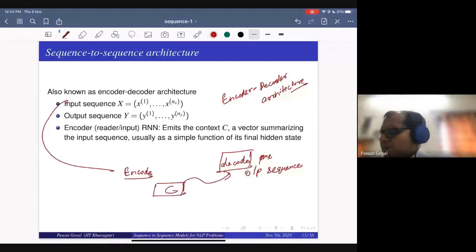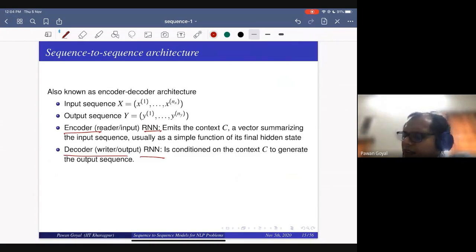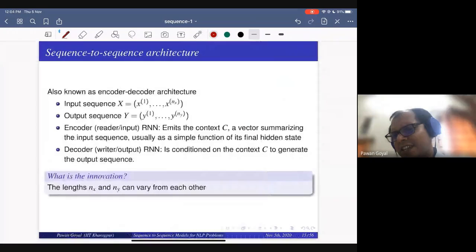You're encoding the input into a fixed dimension vector, and from there you are decoding. Okay. So you have an encoder RNN, you have a decoder RNN. The innovation is that nx and ny can differ from each other. That's all you are doing.